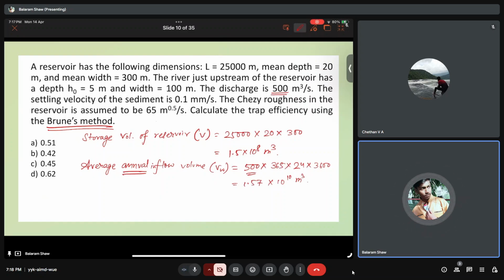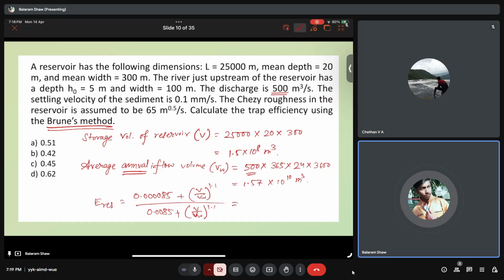Okay, so the trap efficiency of the reservoir will be equals to 0.0005 plus V by VW to the power 1.1 divided by 0.05 plus V by VW to the power 1.1.